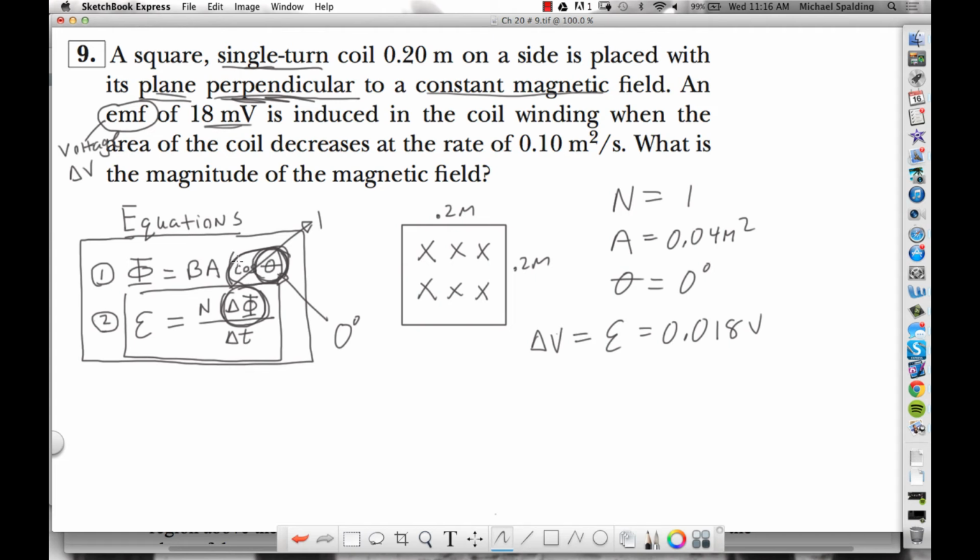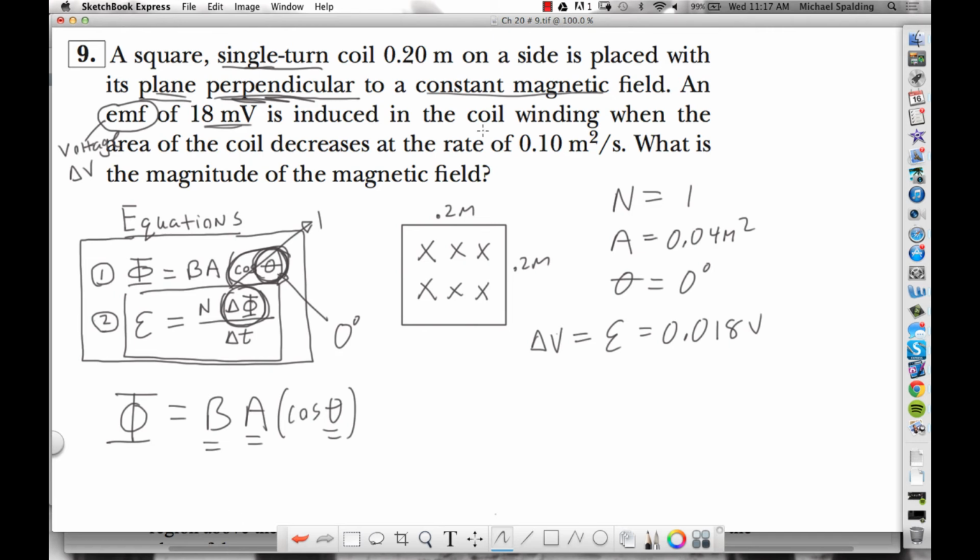So flux is equal to BA cosine theta. In this problem, what is causing the flux to change? The B, the A, or the theta?